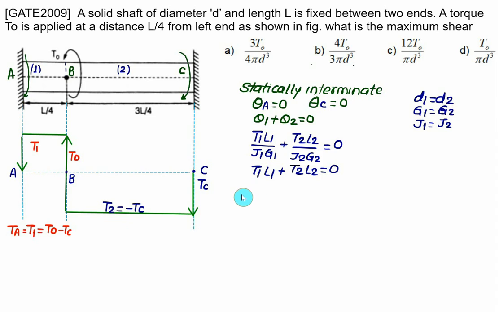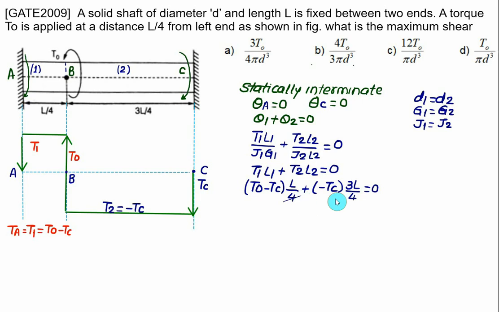Sign doesn't matter. We have T1 equal to T0 minus TC, with length L1 equal to L by 4, plus T2, which you have to take as minus TC, with L2 equal to 3L by 4, equal to 0.